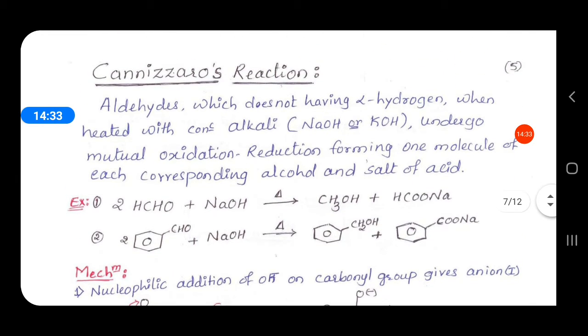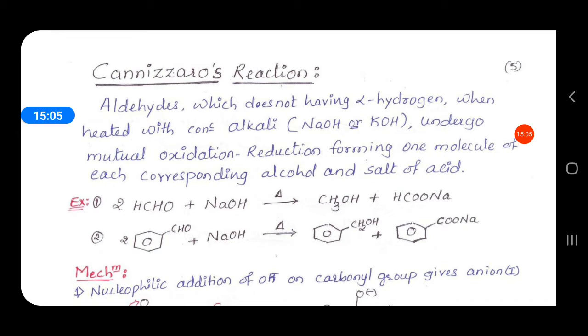For this Cannizzaro reaction, the aldehydes which undergo this reaction have no alpha hydrogen. Aldol condensation and Cannizzaro reaction both have the same conditions, aldehyde treated with base. But the difference is that in the aldol condensation weak base is used, and in the Cannizzaro reaction strong base is used.